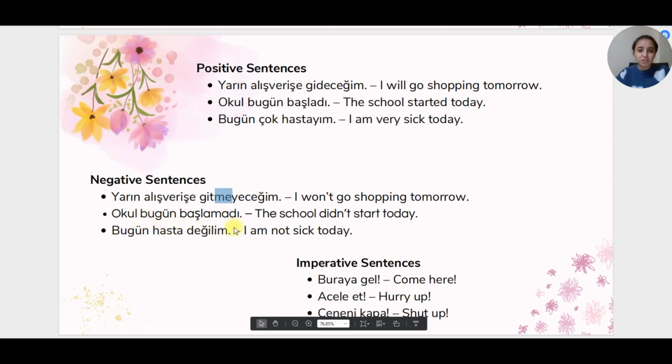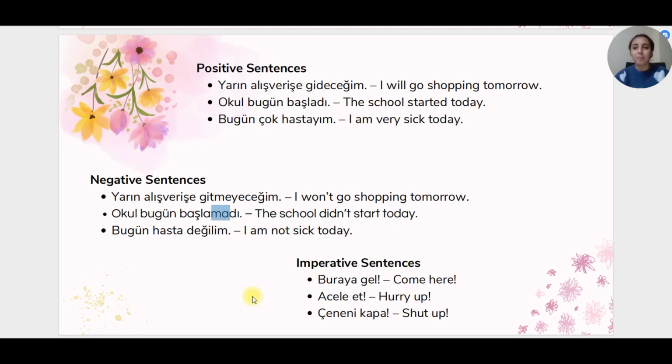Okul bugün başlamadı. The school didn't start today. And here, started, this is didn't start. It didn't start today. And again here, başlamak was a verb. I said başlamadı. This ma is negative suffix in verb sentence too.